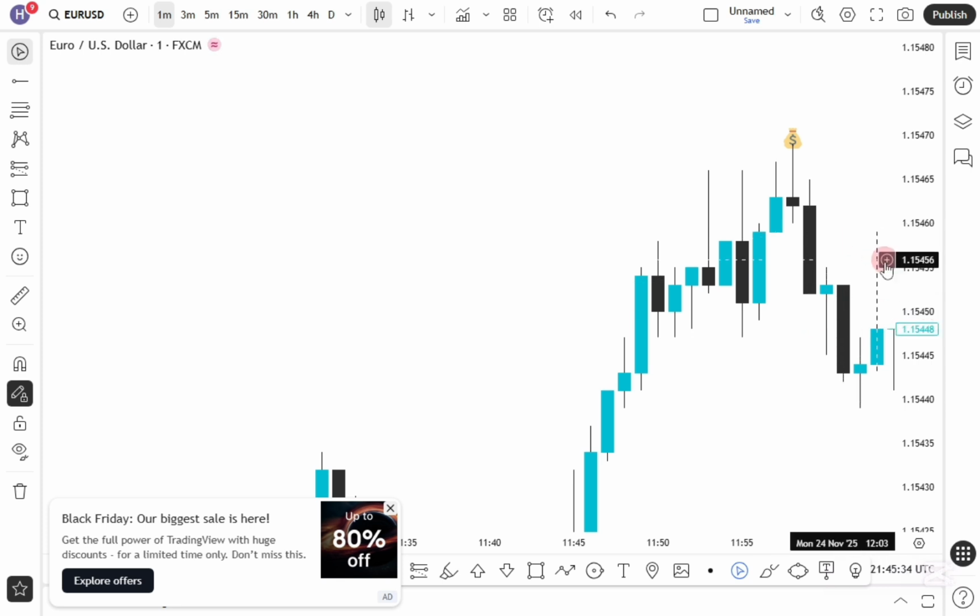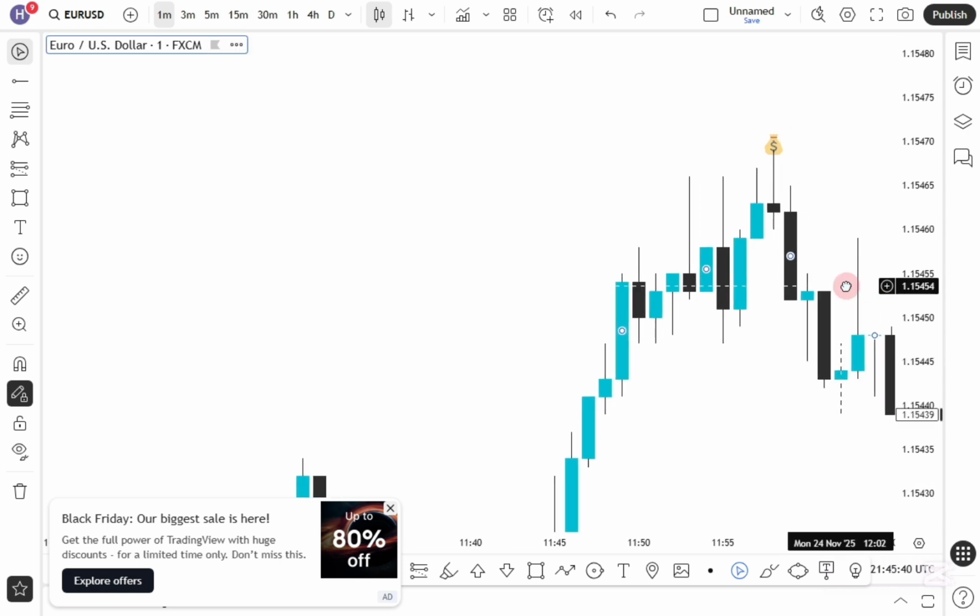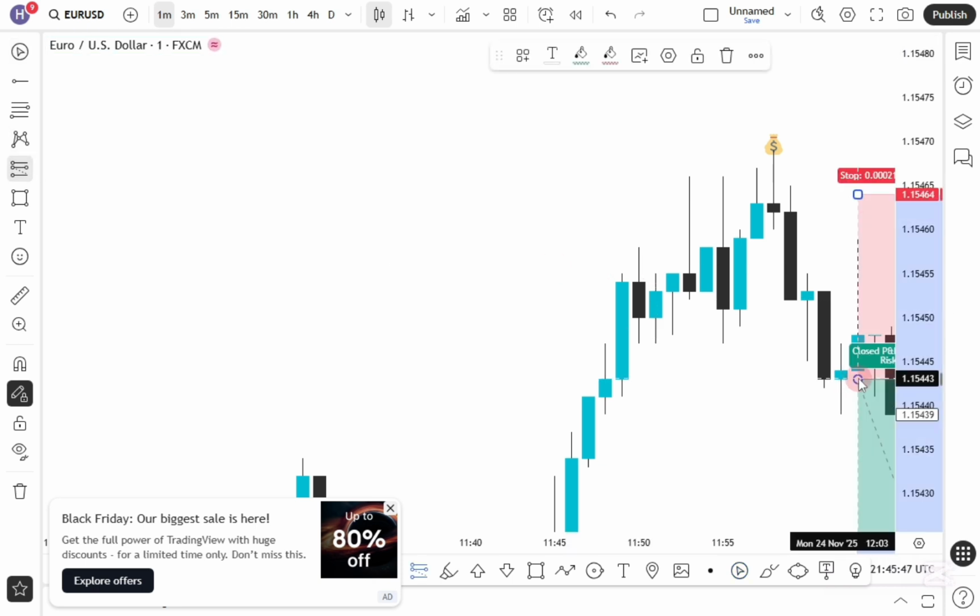So when we get this retest, we look for the next candle that will go below it. So which is the next candle? This. So where do we put our stop loss? Because this candle has gone below this, put in a stop loss and take our profits.